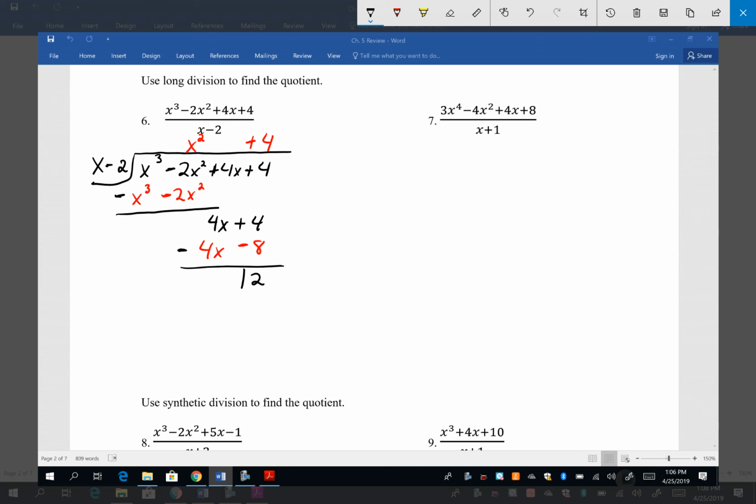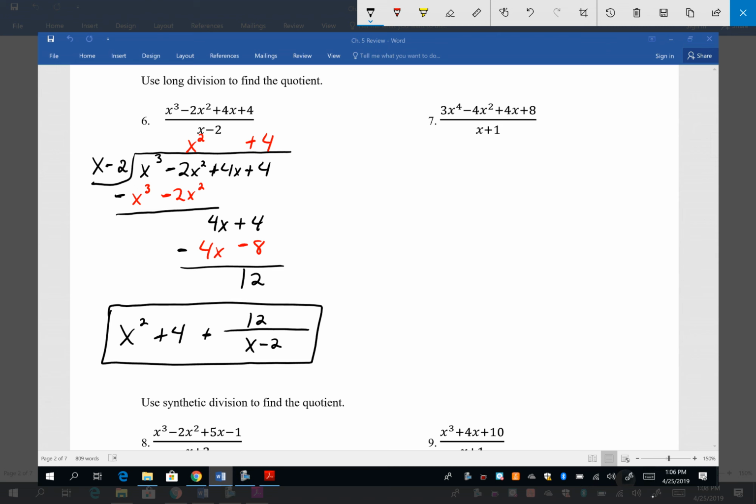The answer is x squared plus 4 plus 12 over x minus 2. That is it. Questions on long division? No questions? Okay. That was number 6.